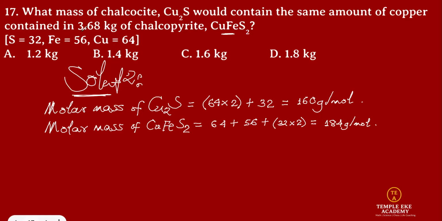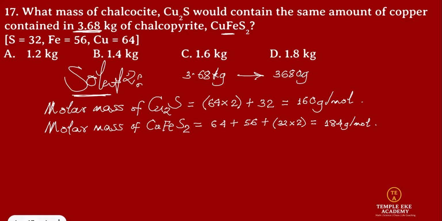Finally, we want to convert this 3.68 kilogram of that ore into gram because the molar masses have gram per mole. So there should be agreement in that unit, of course. So 3.68 kilogram of chalcopyrite actually means in grams, we multiply by 1,000, and that gives us 3,680 gram of the ore. So let us follow up the trend.